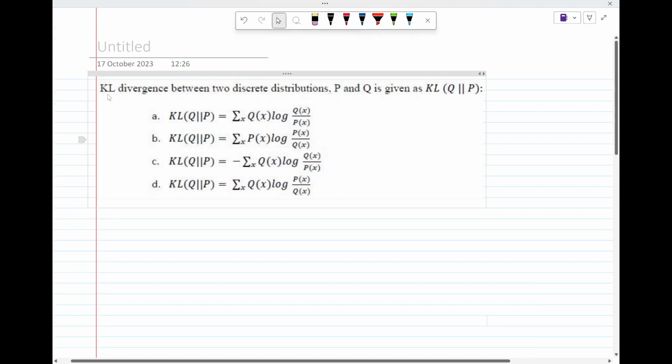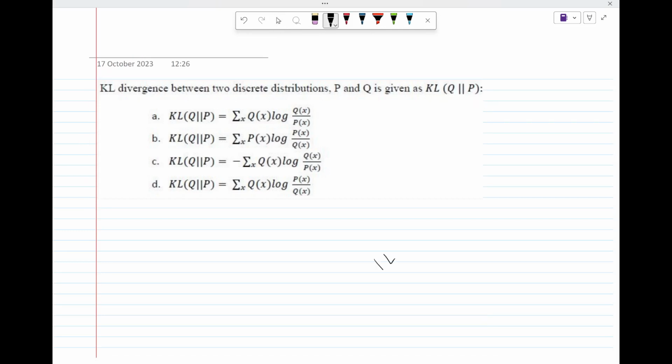Okay, so this question is asking the KL divergence between two discrete distributions P and Q is given as which of the following? So here the KL divergence is not really a metric, in the sense it is not symmetric.